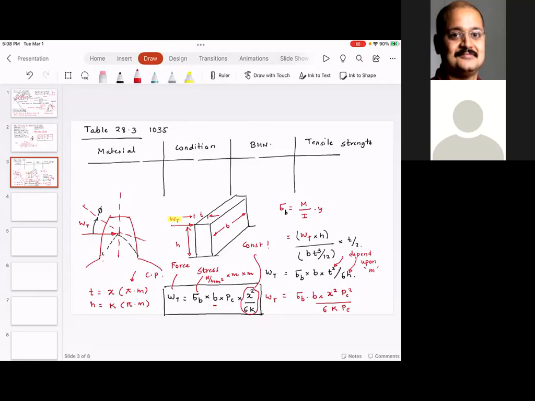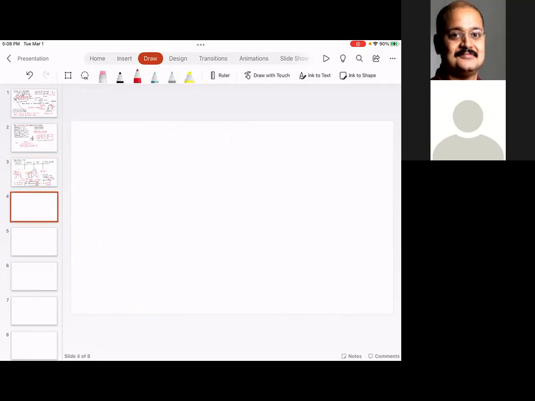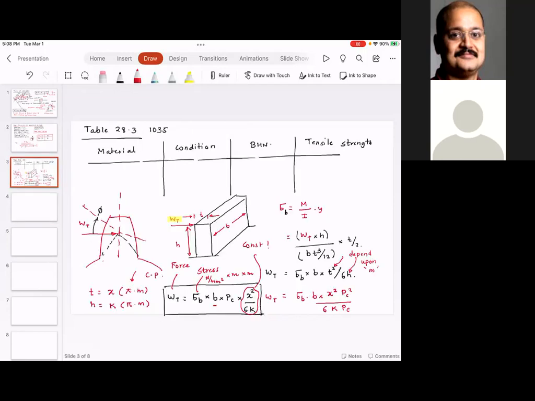The only difference is we have x square divided by 6k that is floating around. Okay, and that x square by 6k is replaced by a factor which is called y, and that is called the Lewis factor.